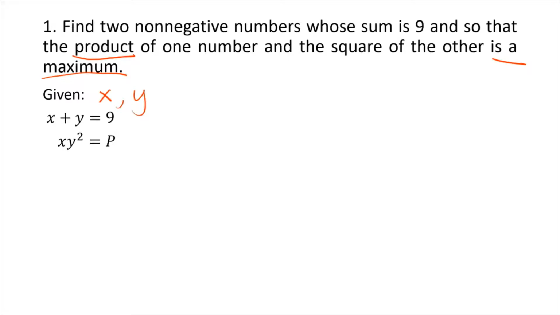The equation for the product is the equation that we need to differentiate. Therefore, this is our primary equation. Then we are required to find the two non-negative numbers, x and y, if p is a maximum.